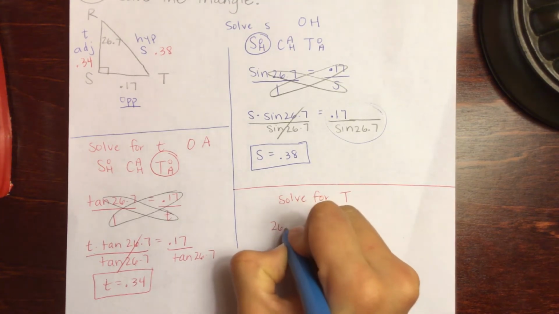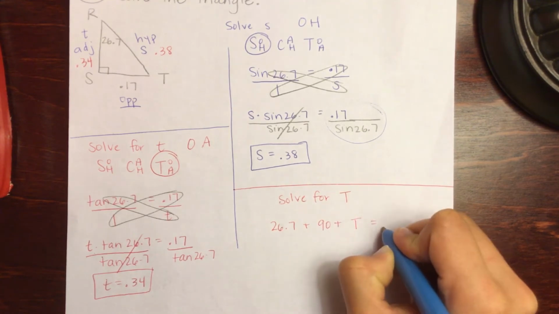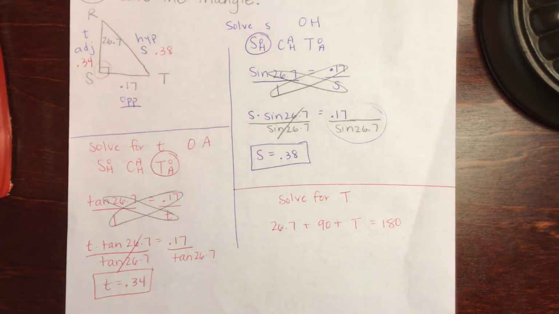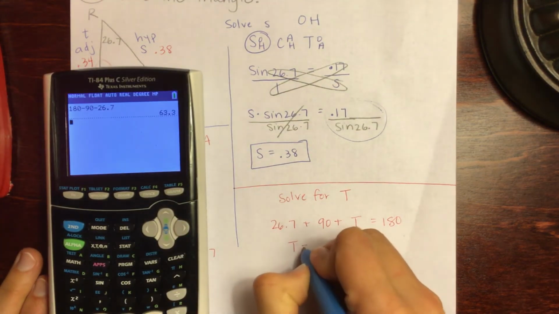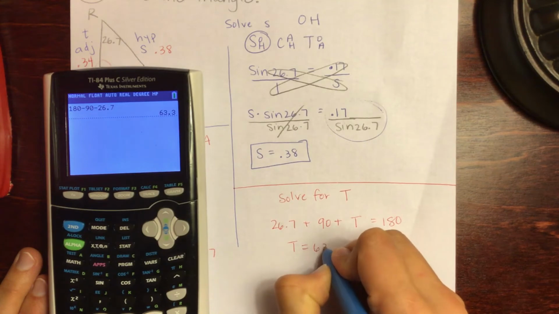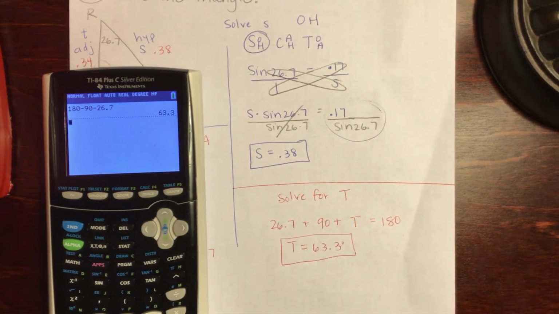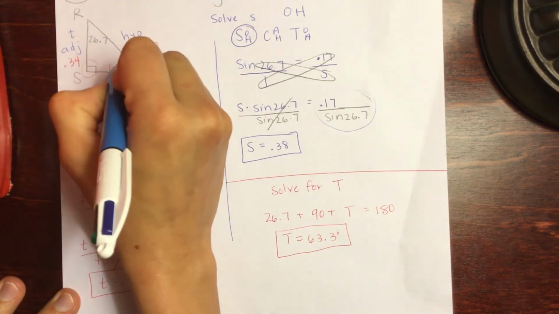Remember, the angles in a triangle add up to 180, so angle R, which is 26.7, plus angle S, this little square denotes 90 degrees, plus angle T equals 180. So we can subtract that over and figure out that angle T is 63.3 degrees. Now we know all 3 sides and all 3 angles.